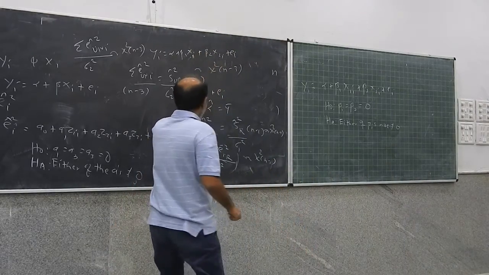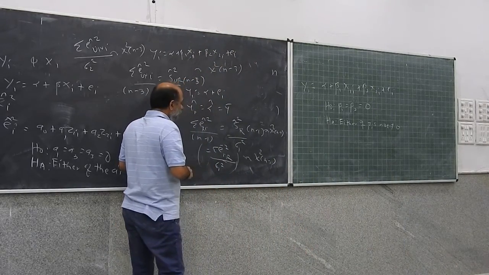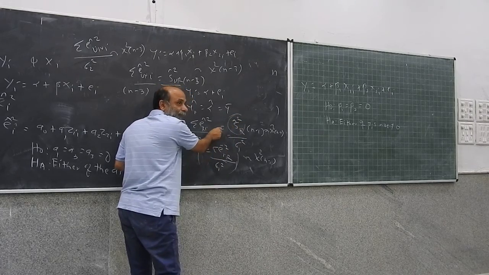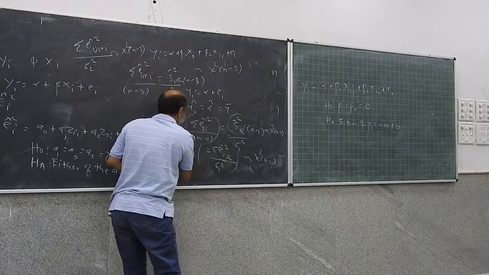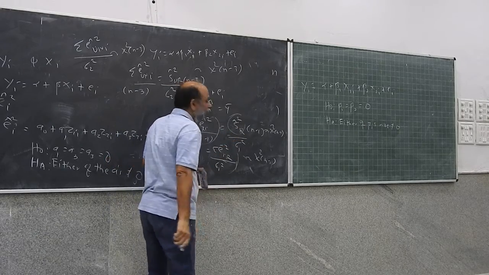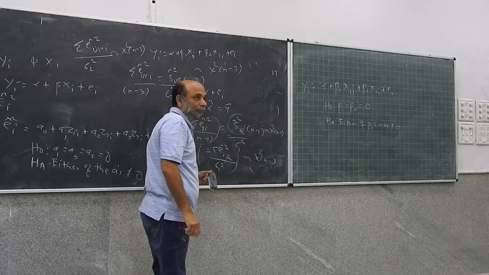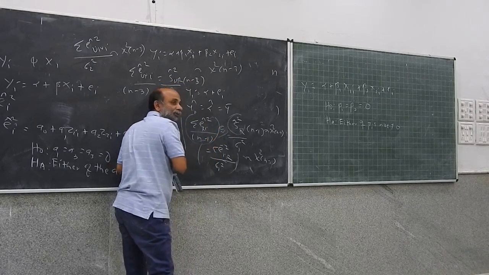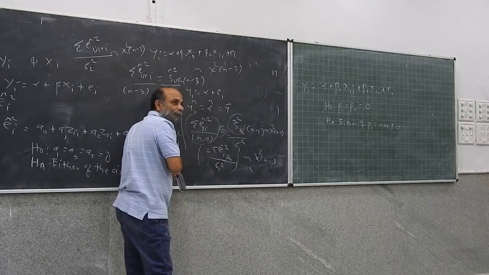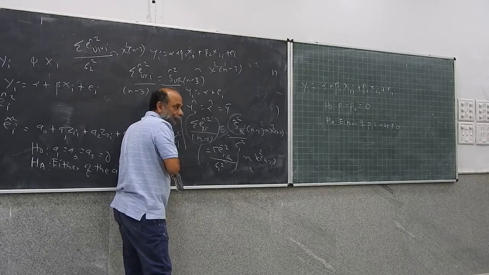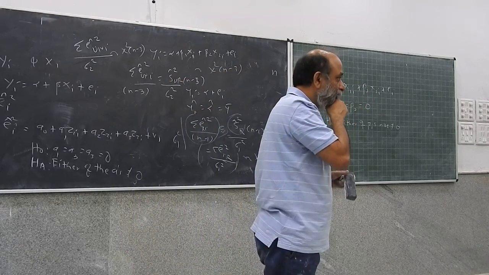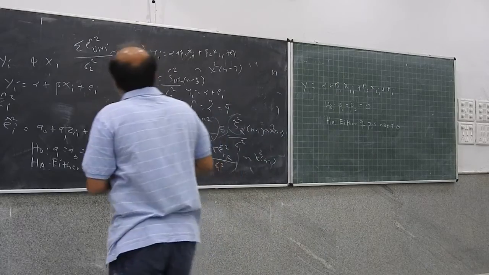Because, you see, this is SR square. This whole thing upon sigma square is a chi-square. So if you multiply this by n minus 1 again, this n minus 1 will go now. Understood?